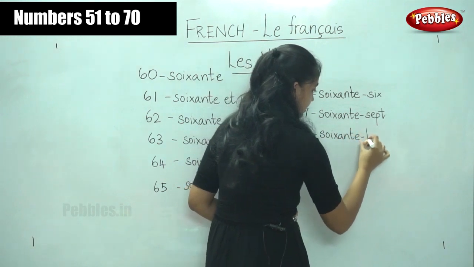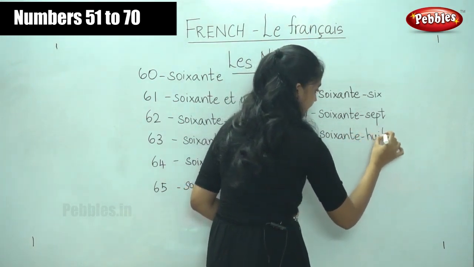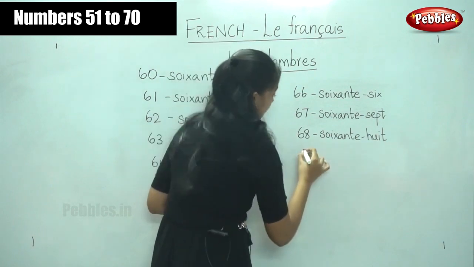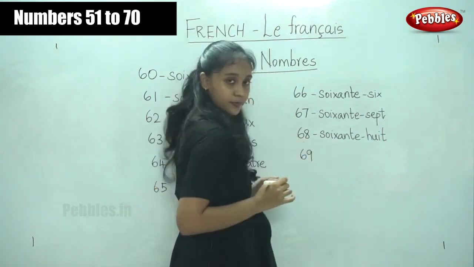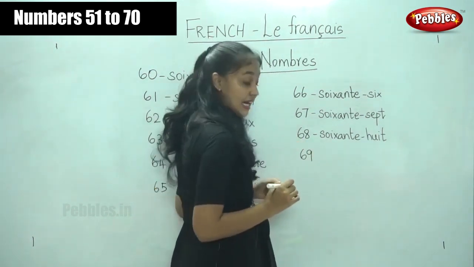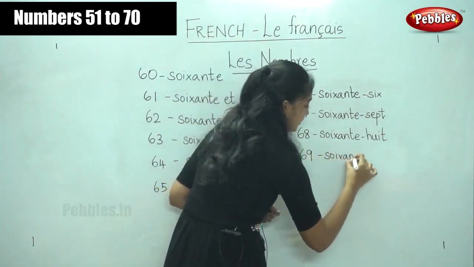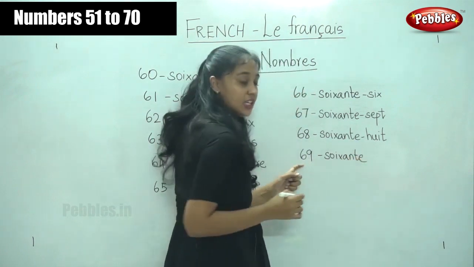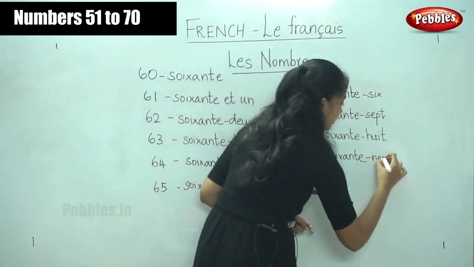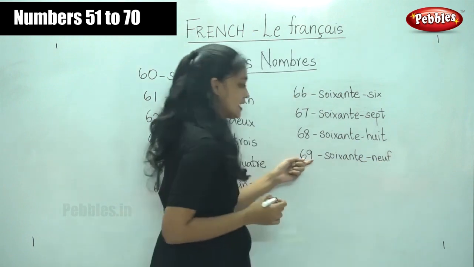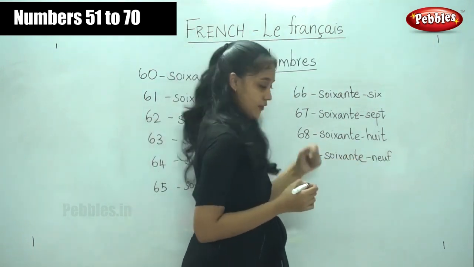Now next, for number 68. 68. So next, number 69. What would we say for number 69? 60 is 60. And for 9 we say 9. 69.